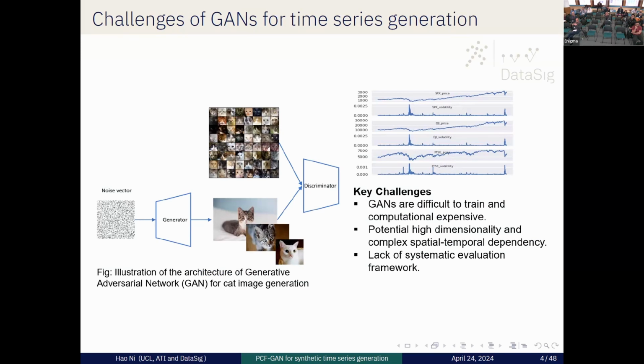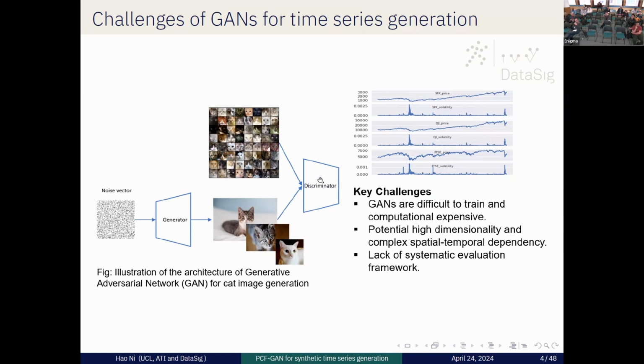GAN models are often composed of two parts, the generator and the discriminator. The generator aims to map a pre-specified noise vector to the target fake distribution, while the discriminator is used to maximize the discrepancy between the real distribution and the fake distribution as much as possible.